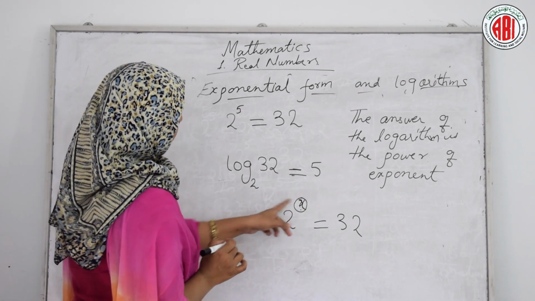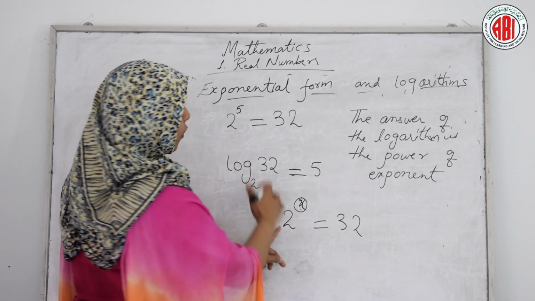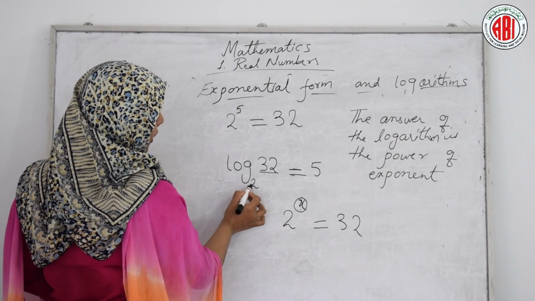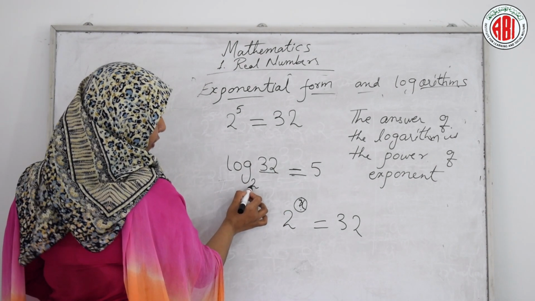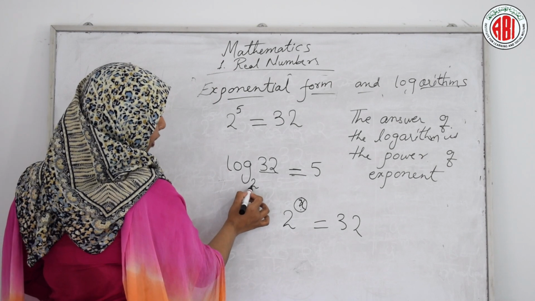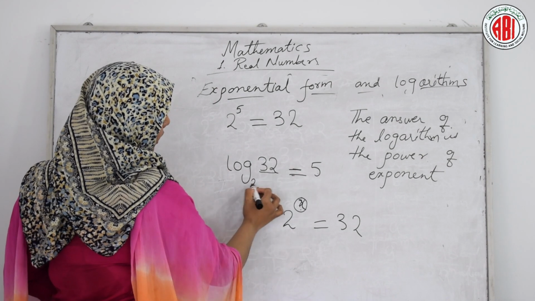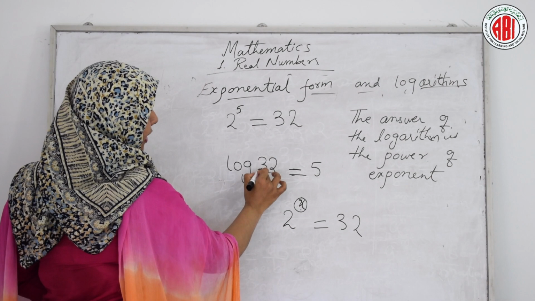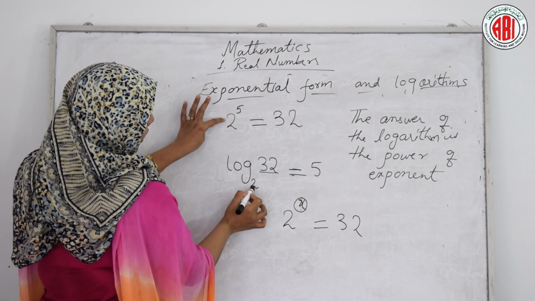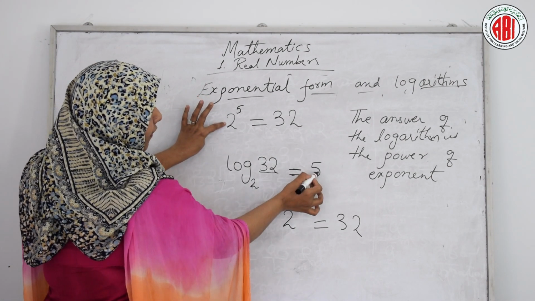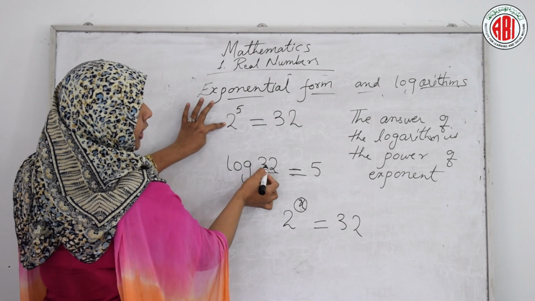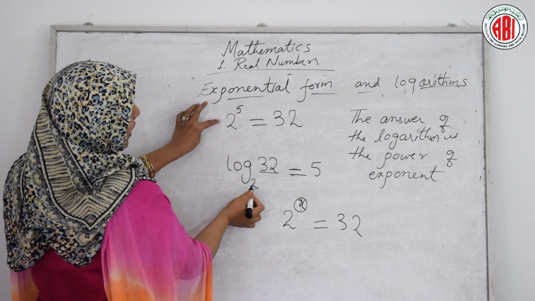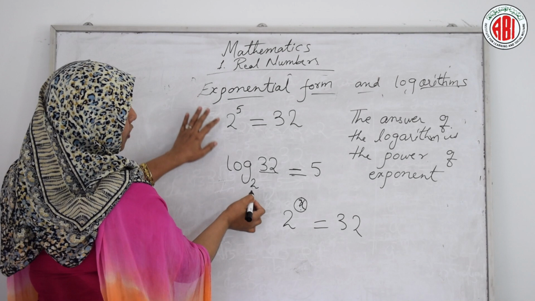What will be the power of this base 2 so that you should get this answer? See, this is the base, its power, and the answer you are getting is 32. So exponential form we are converting to the logarithm form.